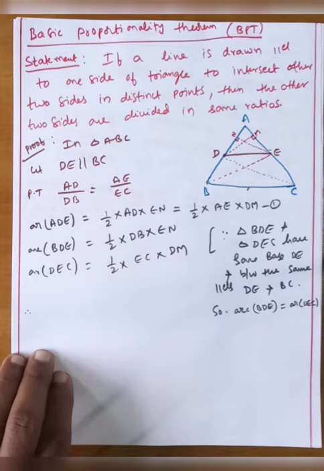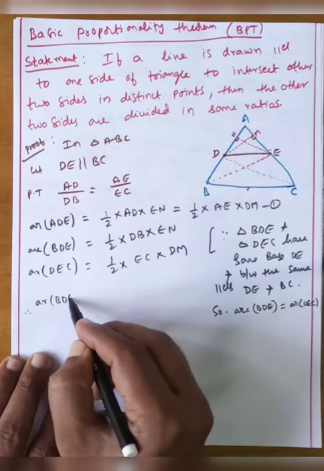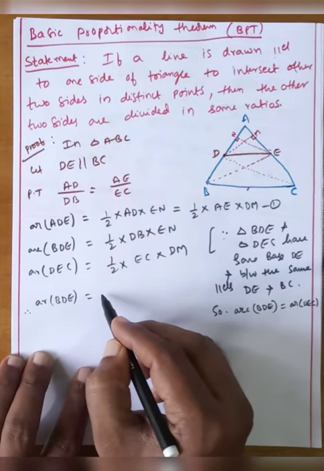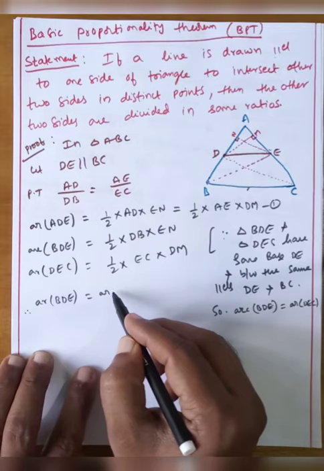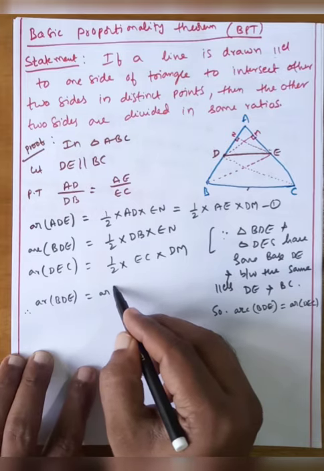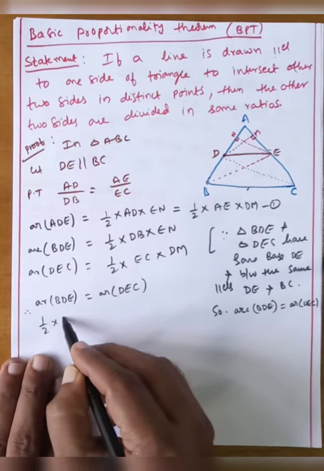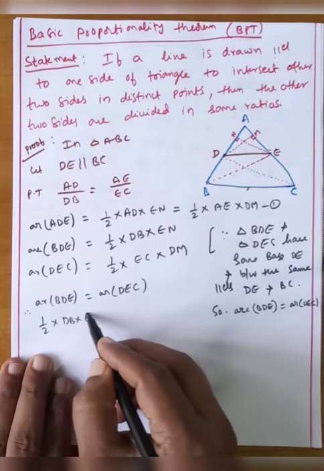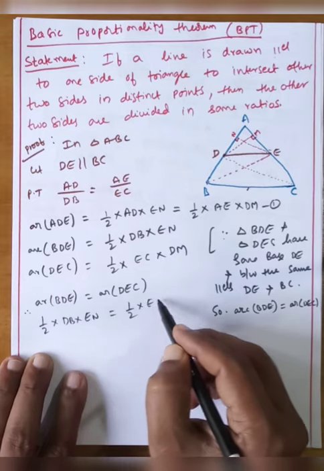Now area of BDE is equal to area of DEC, that is, half into DB into EN is equal to half into EC into DM.